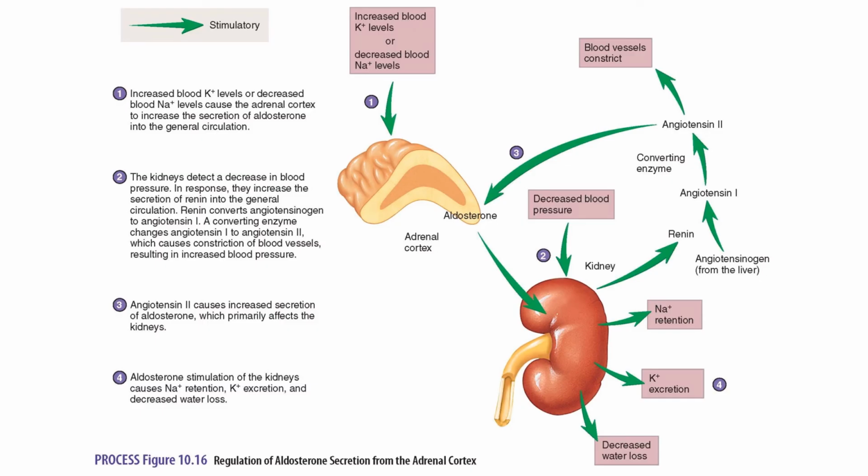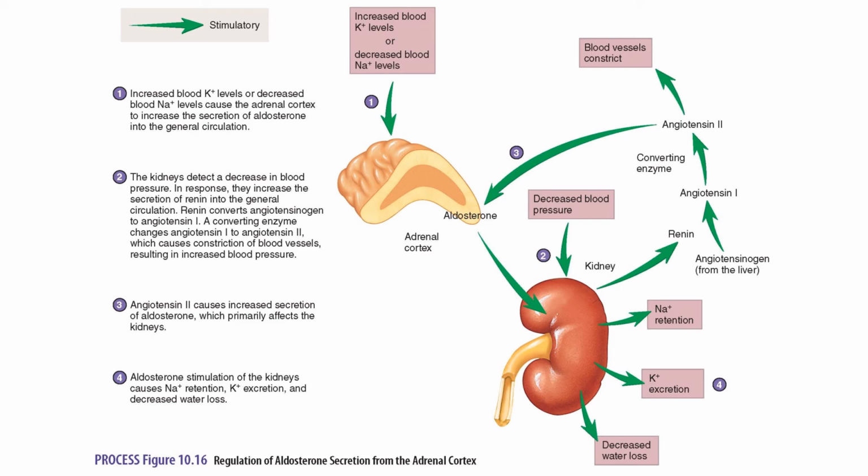So in this one, you will see the regulation of aldosterone secretion in the adrenal cortex. So more likely, the effects on the adrenal cortex would be more of a stimulatory effect. Okay, so when there's an increased blood potassium level or decreased blood sodium level, kumbaga madedetect ni adrenal cortex, and it will produce your aldosterone.